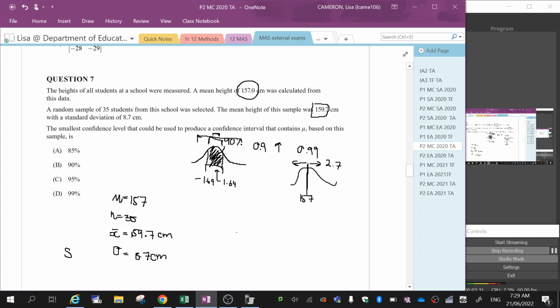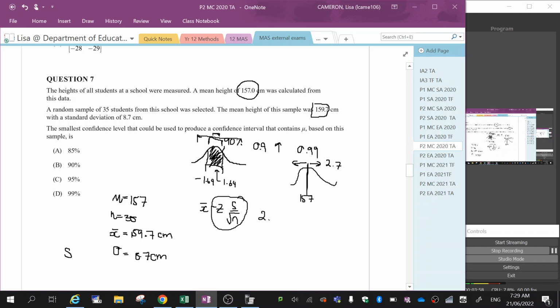So I can say that the error, remember we calculate our error formula using the one from the formula booklet that looks like this. So if this is our confidence interval, then this is our error portion here.